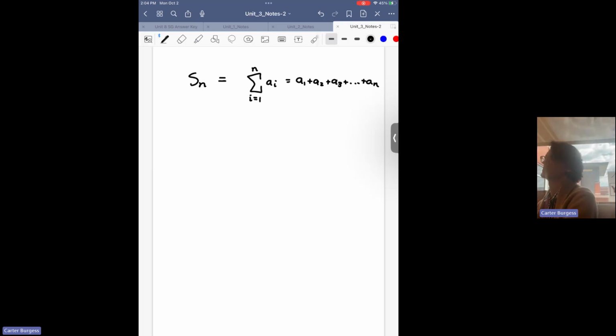Not very fun. So let's see if we can't figure out a way to be very, very clever with our addition so that we could maybe circumvent this process, so that we can cheat a little bit here.